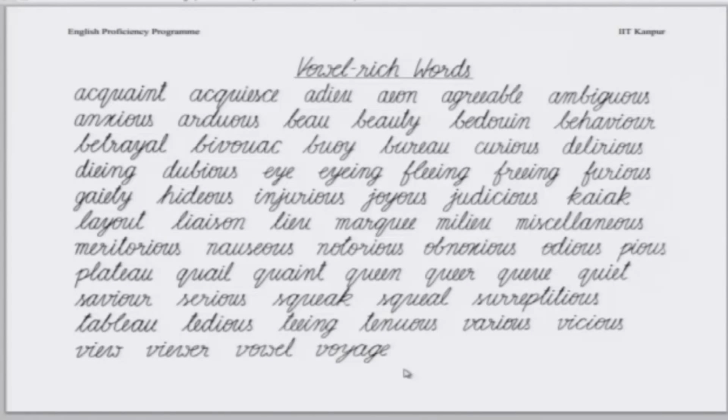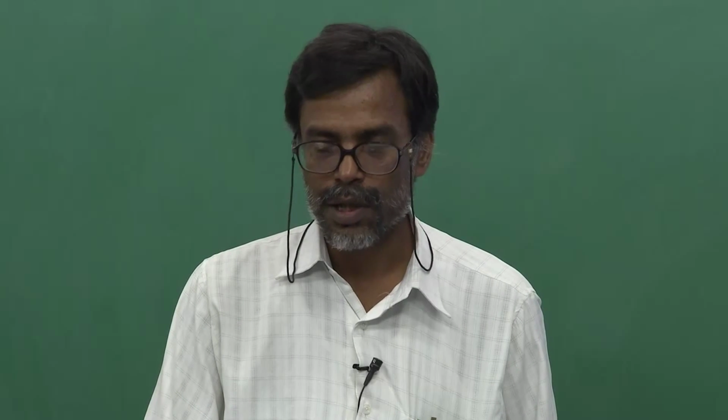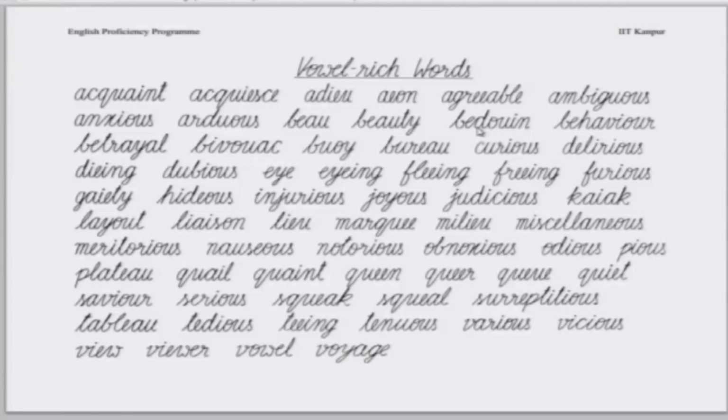Okay. So, lots of difficult words here. Any word which looks familiar, for which you would like to know the meaning quickly? Yeah, Bedouin, what is Bedouin? Nomadic Arab. That is often written with capital B also.